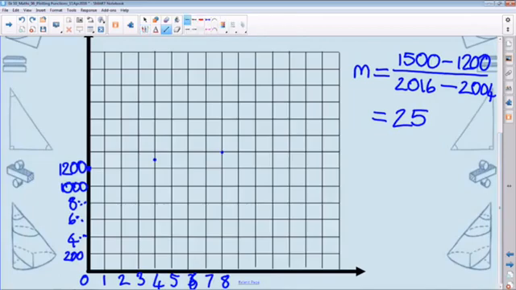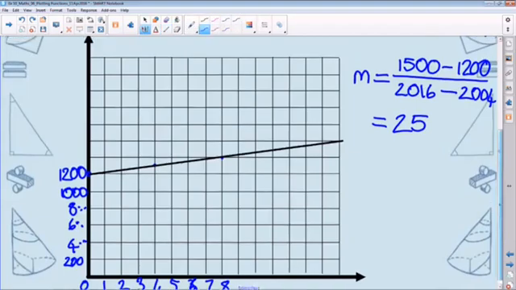So let's connect those dots and see what happens. There we go. That should be nice.